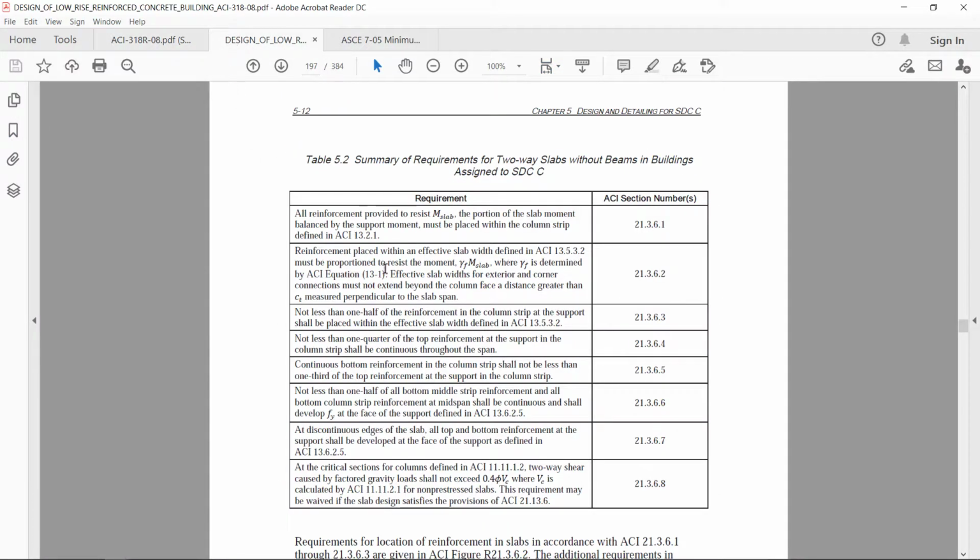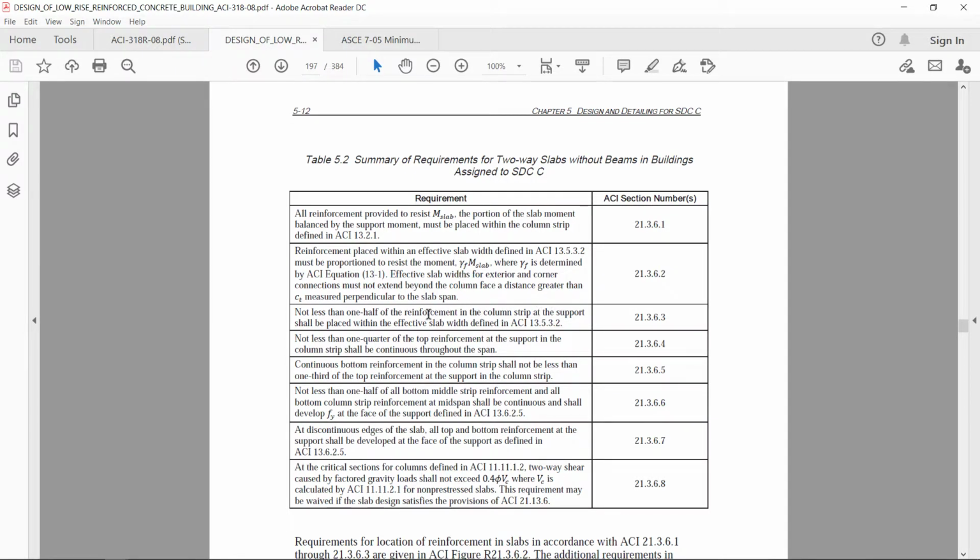Now, going back to these conditions, the reinforcement placed within an effective slab width defined in ACI 13.5.3.2 must be proportional to resist the moment gamma F times M slab, where gamma F is determined by ACI equation 13.1. You can see that equation.